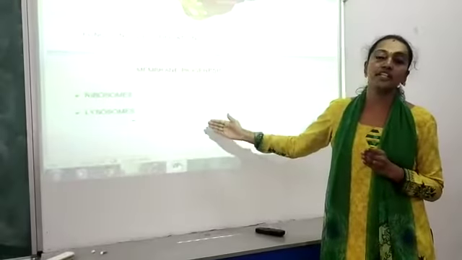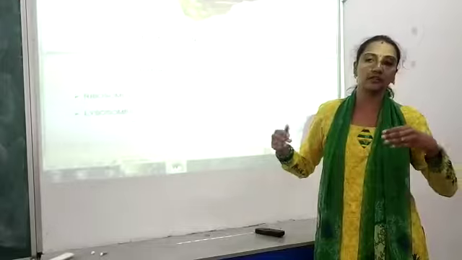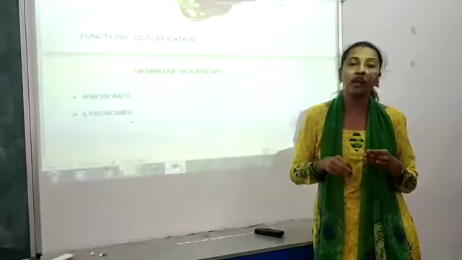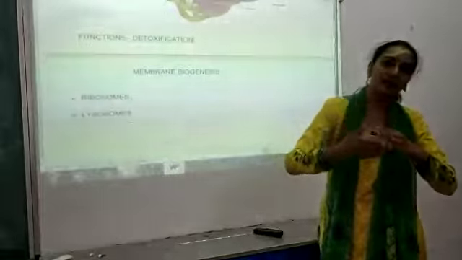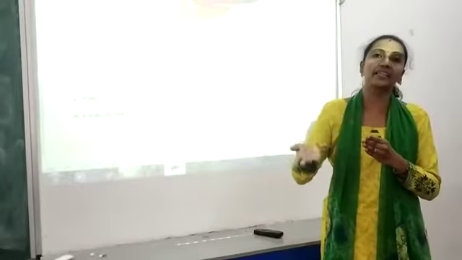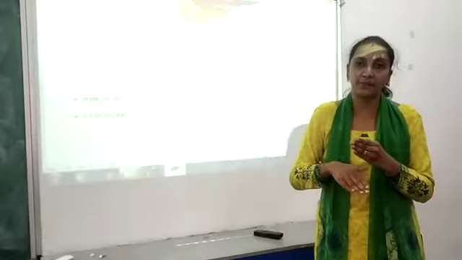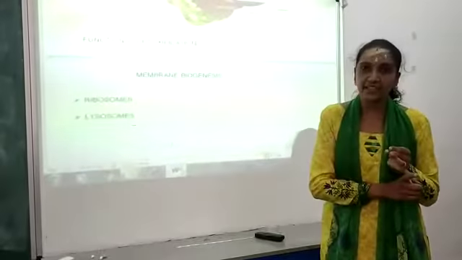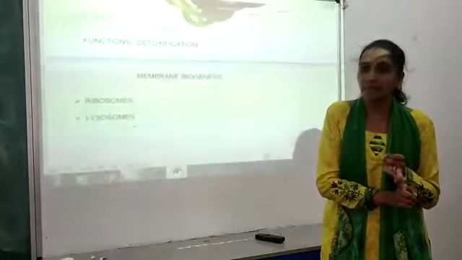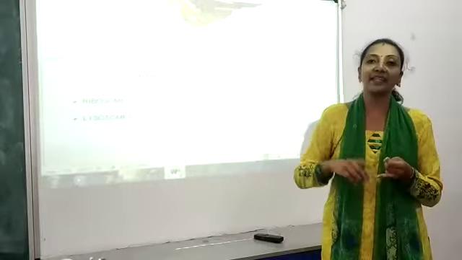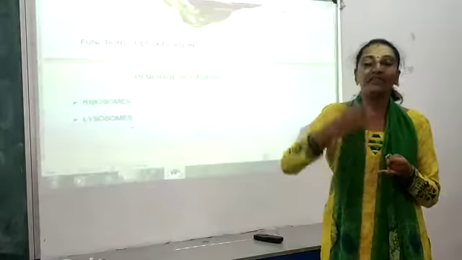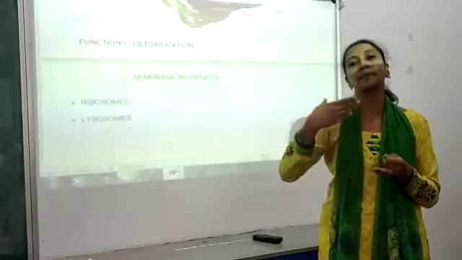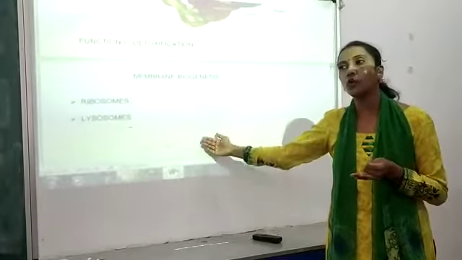It is not only responsible for self-destroying. Along with that, it can also destroy other particles which are not required by the cell, could be bacteria, or any other substance that entered through food and was not digested. That can be digested or killed by the lysosome. How do they do it?